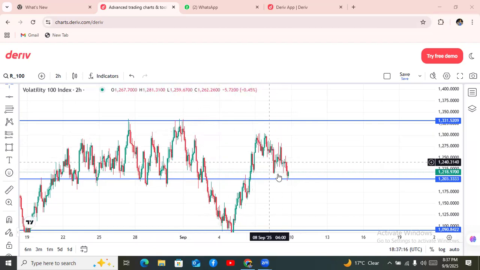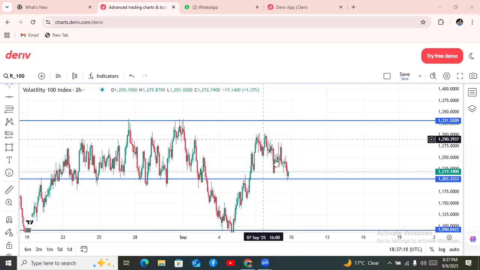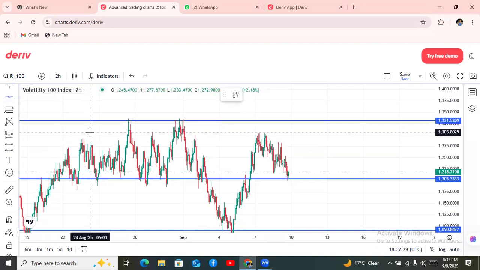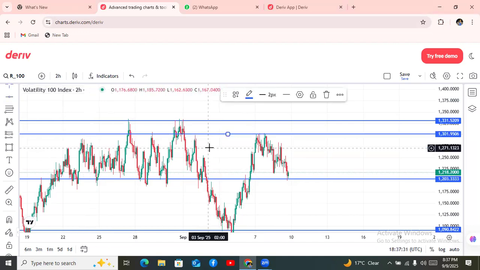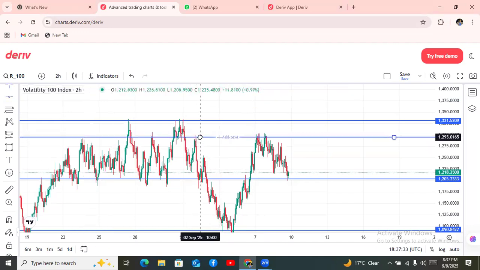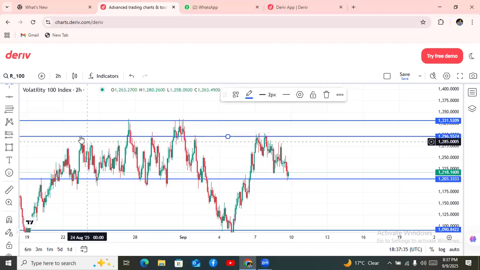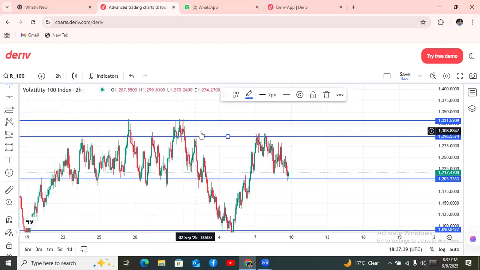So we wanted to take advantage of this particular move. To get this proper structure, we can clearly see this level where price has also reacted. It reacted there. It also reacted there.